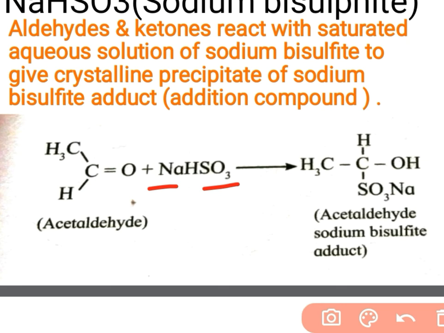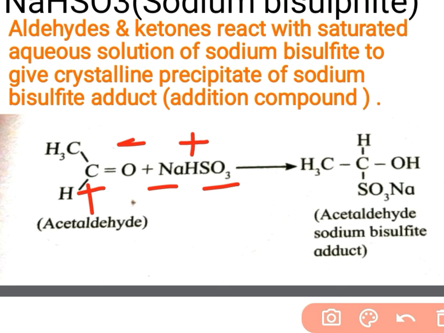From NaHSO3, consider this H as positive and the remaining species as negatively charged. Now, in aldehyde, carbon is positively charged and oxygen is negatively charged. So just join positive towards negative and negative towards positive and form the product.